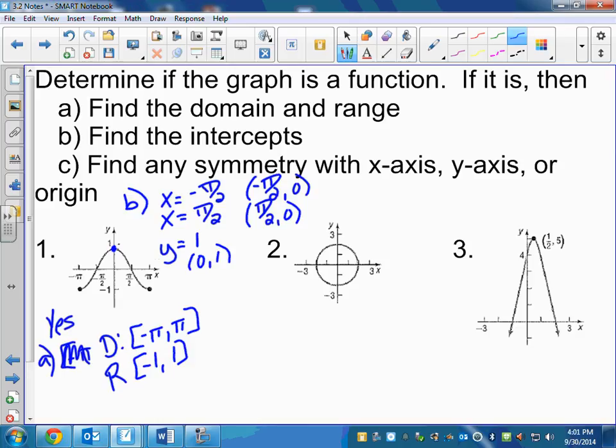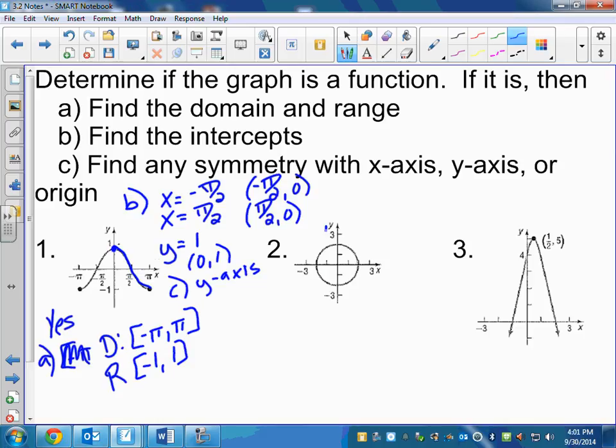For part C on number 1, I don't think it's the x-axis because it's not the same on both sides, but I do believe it's symmetrical with the y-axis because if I took this side here, I could flip it over and it would match up the other side. And the origin, remember, is like if I took it and flipped it over from quadrant 1 to quadrant 3, which does not work on this one. So part C would just be the y-axis.